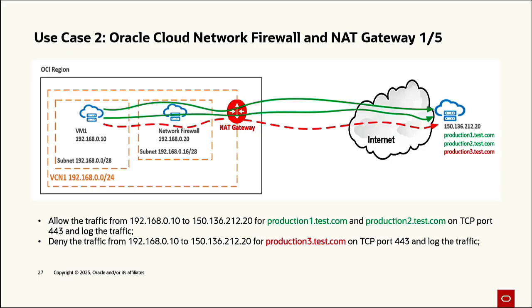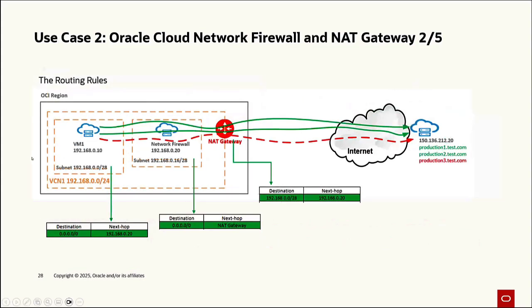In exactly the same way, we need to make the network firewall receive this traffic. And we have also already discussed this routing part. The routing rules that we will have here at the VM will stay the same. A default route pointing to the network firewall. Then the network firewall will point its default route to the NAT gateway, right?